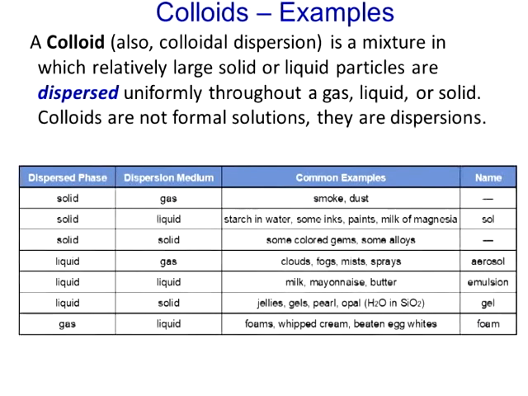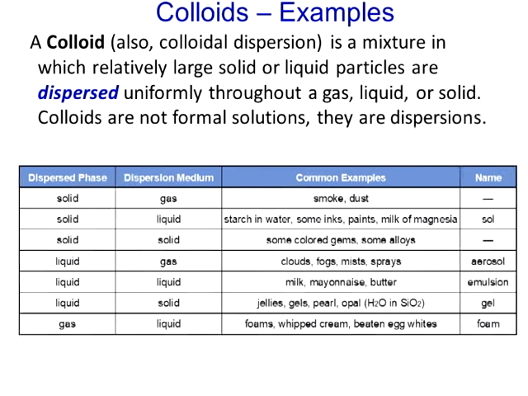So let's show you some examples of colloids. We have an example of smoke and dust. That's a solid in gas. Examples, you have starch in water, some inks, paint, and milk of magnesia. These are sols. They're solids in liquid.